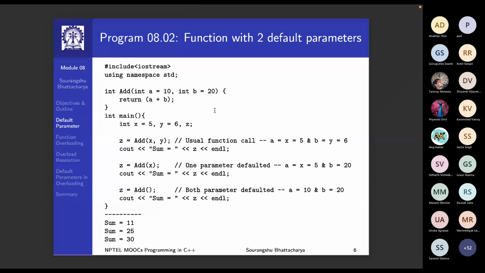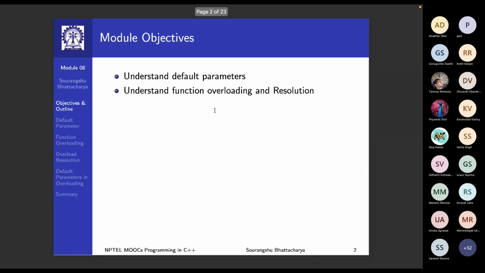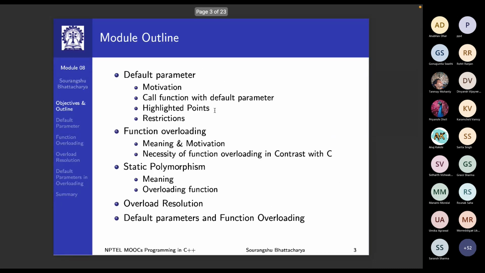The key idea behind default parameters is very simple: at the time of declaration, you can assign default values to some of the parameters of a function.